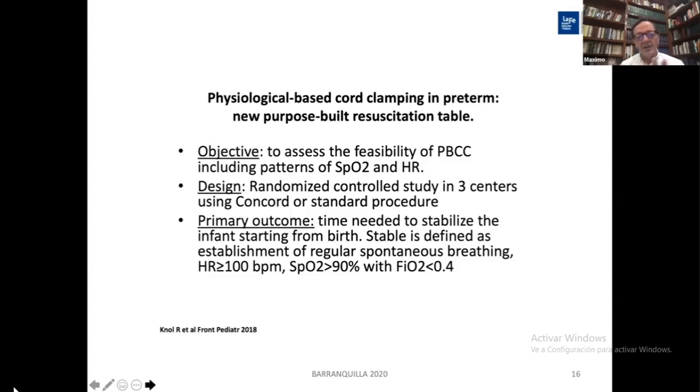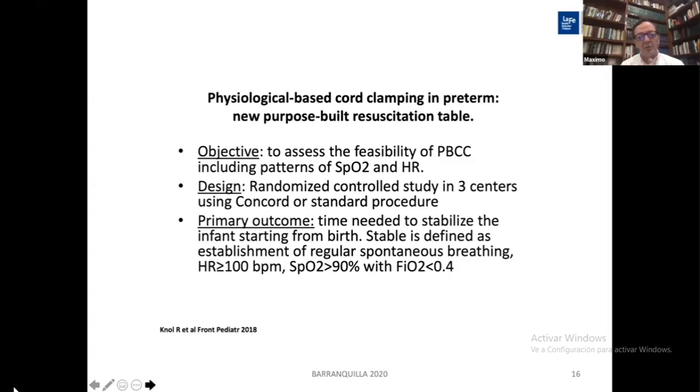So it stabilizes more rapidly the cardiocirculatory lung circulation. This has been shown in our recent publication in the Journal of Pediatrics, where we see that babies that are breathing spontaneously with intact cord have a much better SpO2.